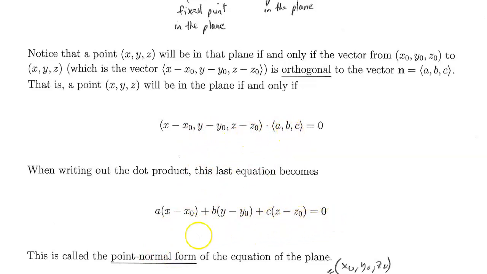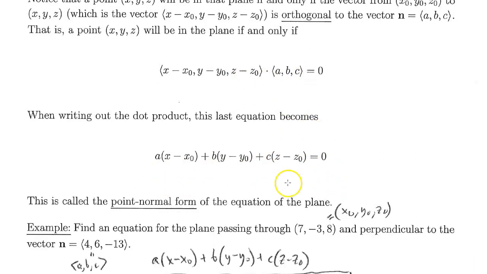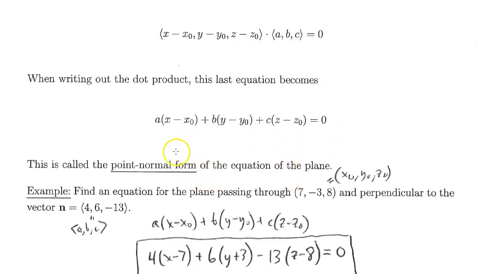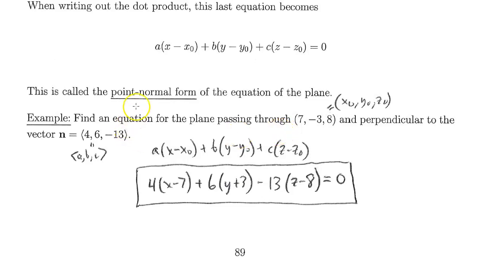That should equal 0. This is what's called the point normal form for the equation of the plane. It's the plane that goes through x naught, y naught, z naught, and has normal vector a, b, c.